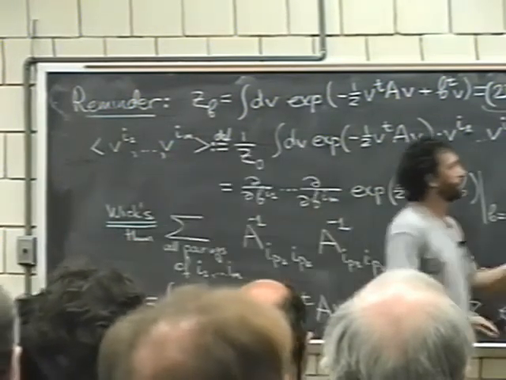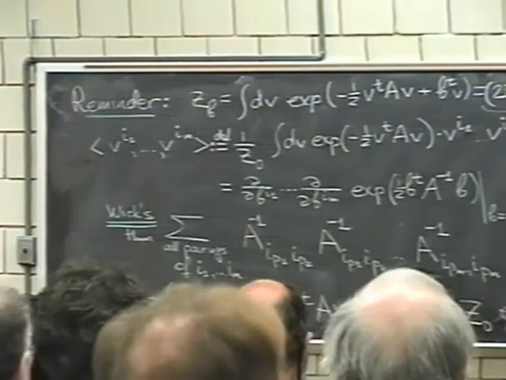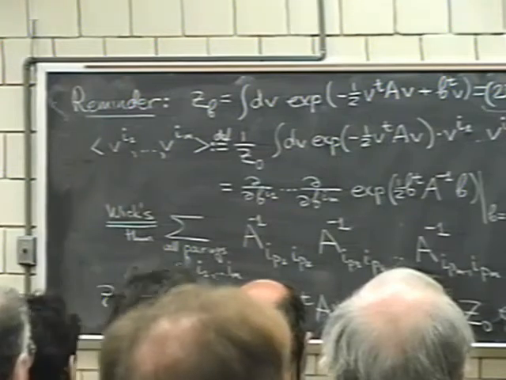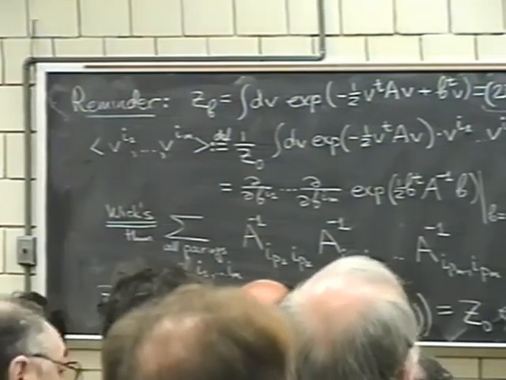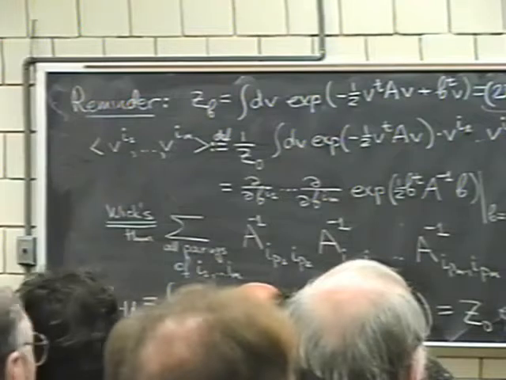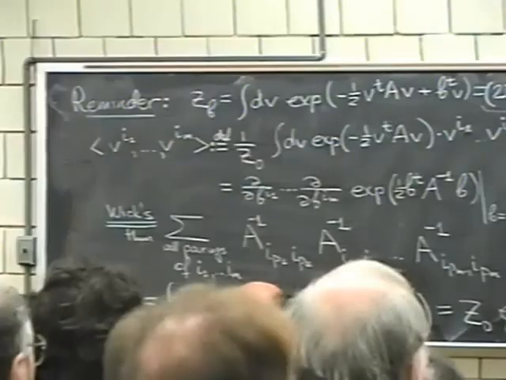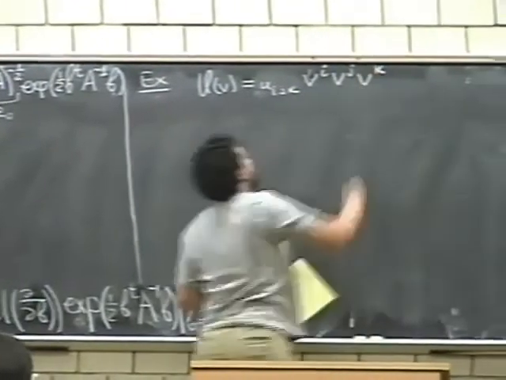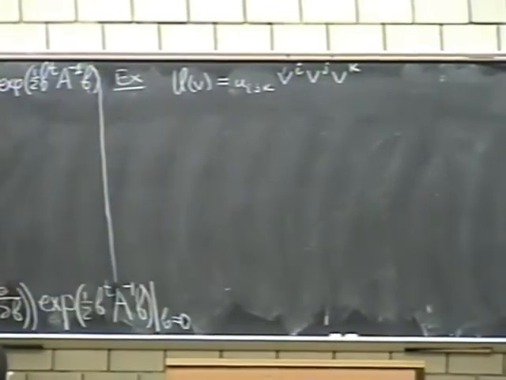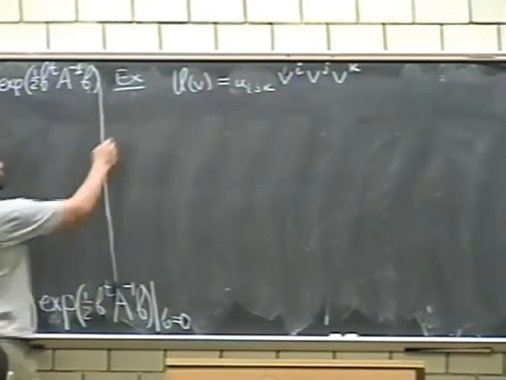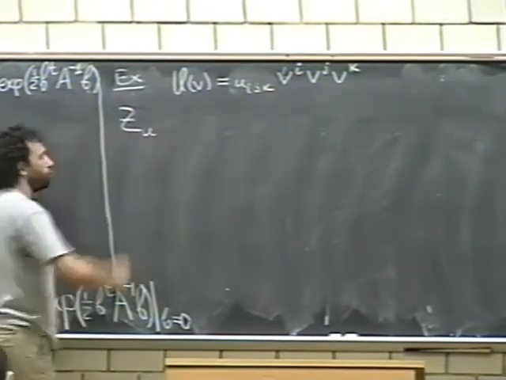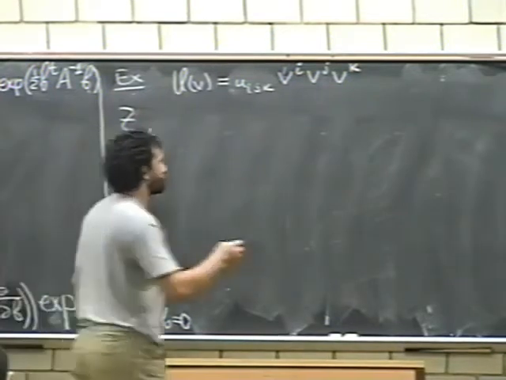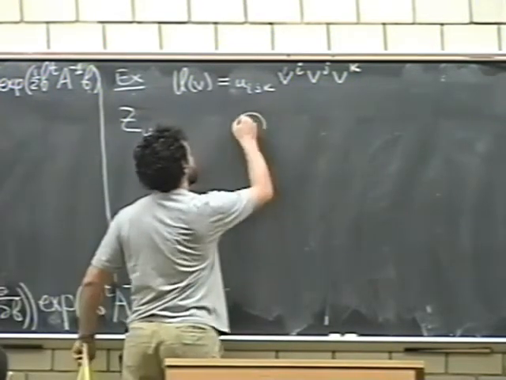Okay. And then I gave an example of a cubic potential, U of V is equal to U_ijk V_i V_j V_k. And we've seen then that to compute Z_U, you should use graphs of the following sort.